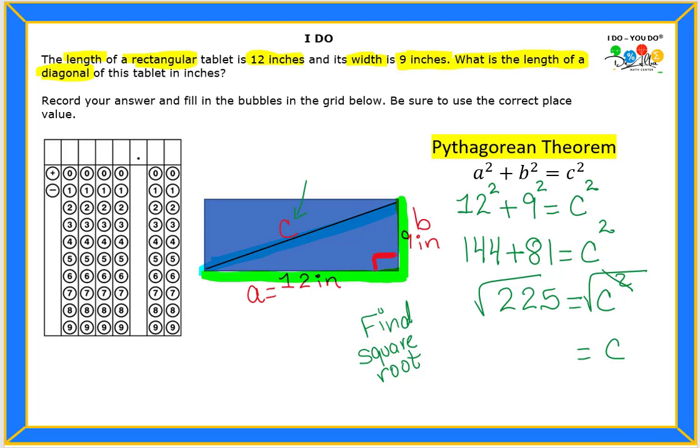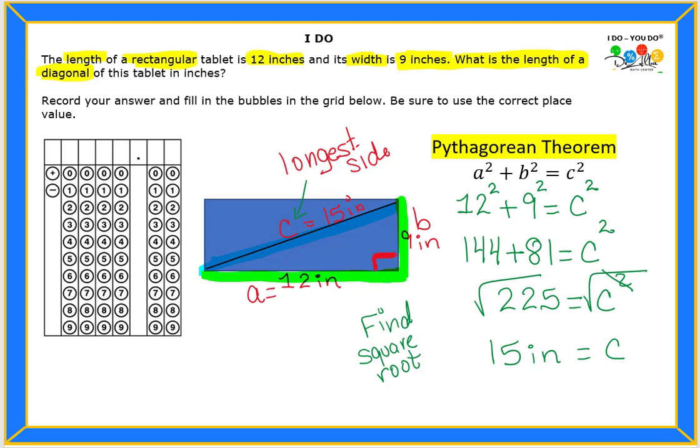The square root of 225 is going to be 15, and the measurement that I'm using is inches, so it will be 15 inches. So that's the measurement for C. I'm going to write it up here. And again, notice how C is still the longest side, because we agreed that C is always going to be the longest side of the triangle.